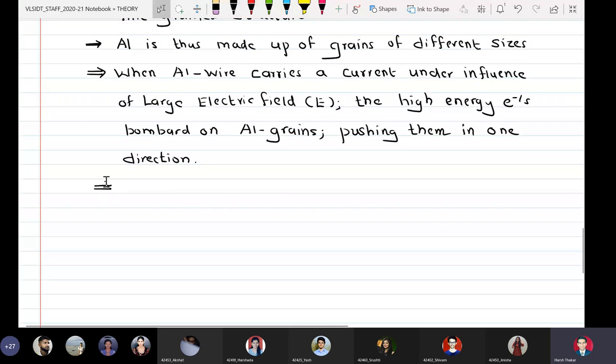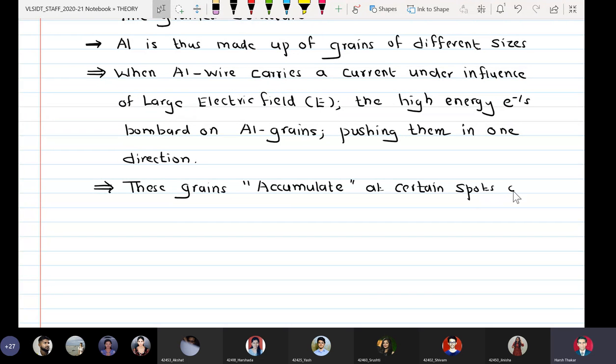What happens next is these grains accumulate at certain spots of the aluminium wire, forming high resistance.